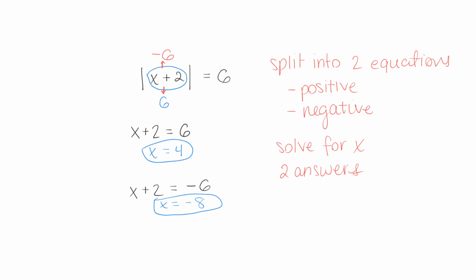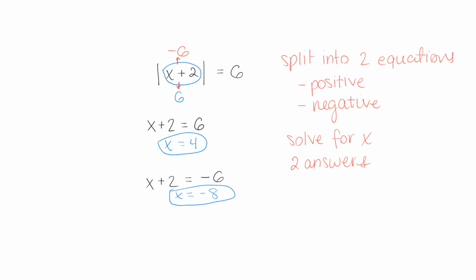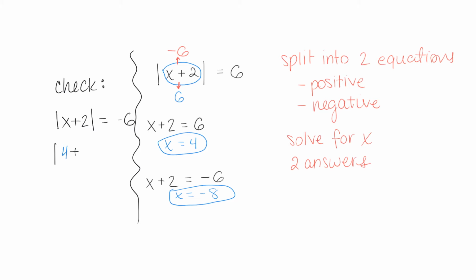So what if we do that? What if we check these really quick just to prove this works? So if we check, I'm going to come over here. And remember, my original problem is the absolute value of x plus 2 equals 6. Well, if I put in 4, the absolute value of 4 plus 2 equals 6.